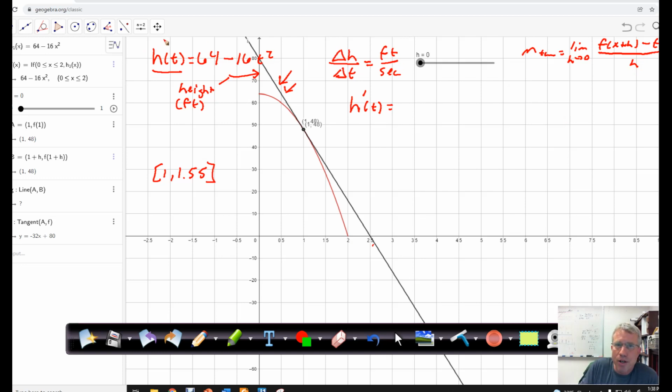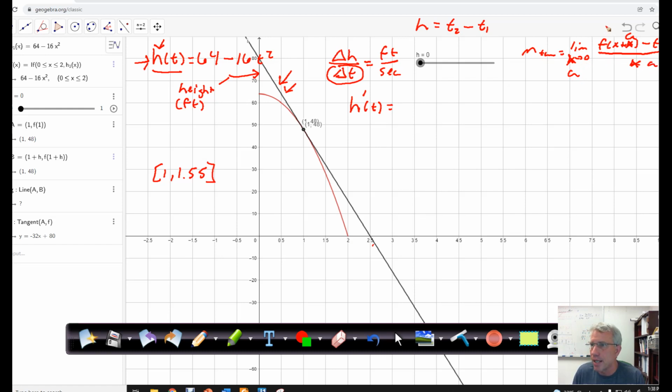Because my function's name is h, I'm going to want to use a letter other than h to represent the time difference, which is what h represents. h is going to equal the difference between t sub 2 and t sub 1. So I'm going to change this a little bit. Instead of using h, I'm going to use a to represent the change in time.